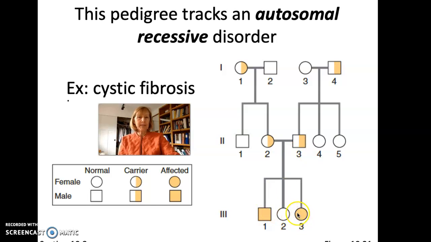So this is not dominant. It would be recessive because you have these individuals that are carriers, heterozygous, that are not affected by the disease. So your best guess is that it is an autosomal recessive disorder. Autosomal again, because it's not favoring male or female.